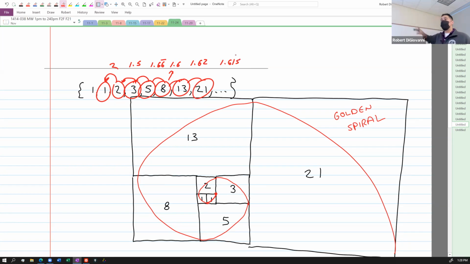So if we kept doing this, do you see these numbers on top? They're headed somewhere, right? It looks like it's getting closer and closer to something. Well, that's the way we define phi. The golden ratio is whatever those ratios are headed towards. That's the golden ratio. So interesting, weird, but it's just an example of a sequence.